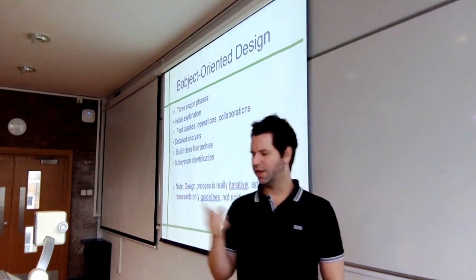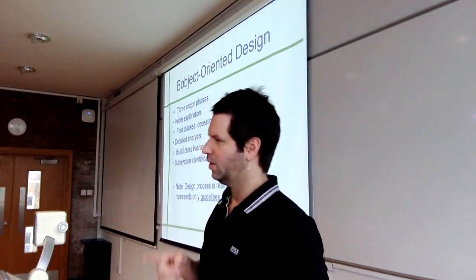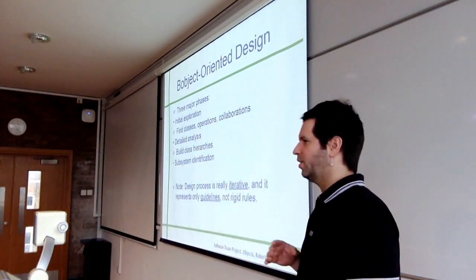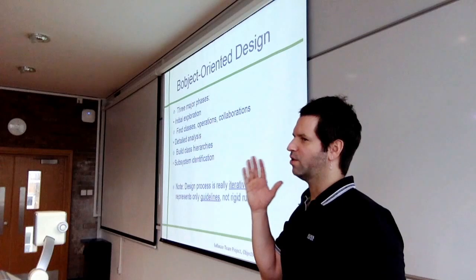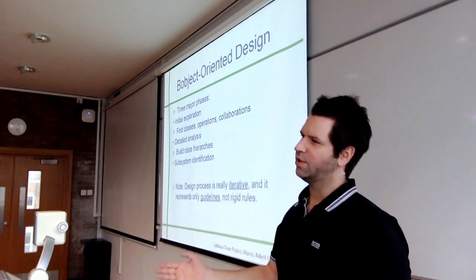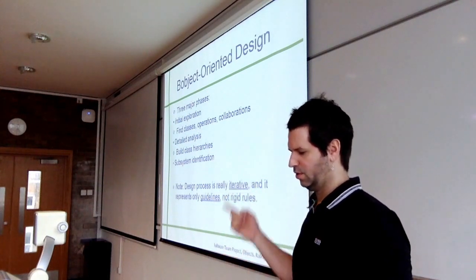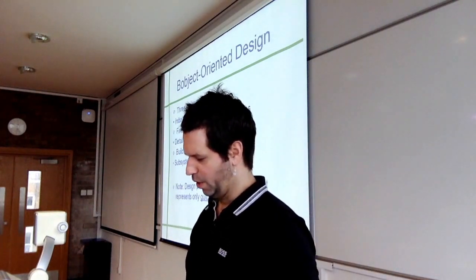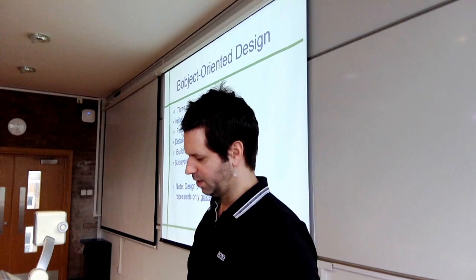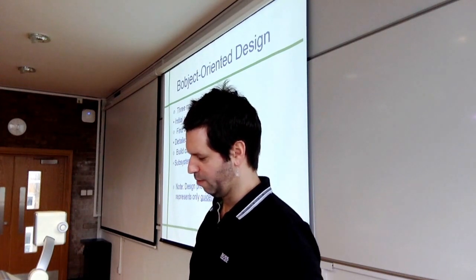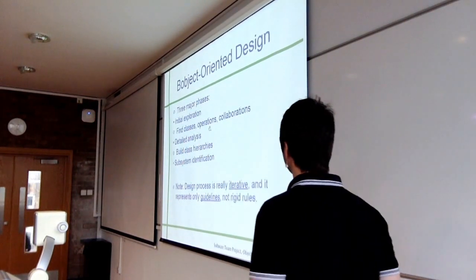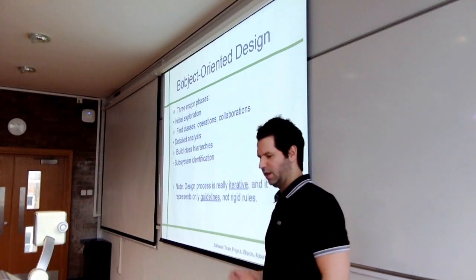And this is generally an iterative process. It's not like the waterfall model where you just start at one point and you finish at the end. It's circular. So you're always identifying classes, you're always identifying operations and responsibilities and collaborations iteratively.